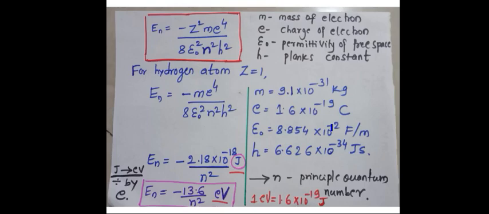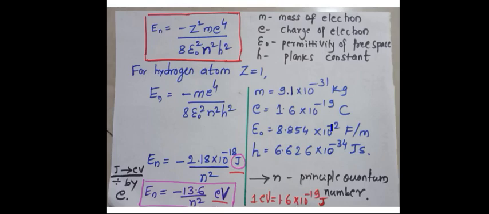Their constant values are given here. The mass of the electron is 9.1 into 10 to the power minus 31 kg, the magnitude of the charge of the electron is 1.6 into 10 to the power minus 19 coulomb, epsilon naught is 8.854 into 10 to the power minus 12 farad per meter, and Planck's constant is 6.626 into 10 to the power minus 34 joule second.